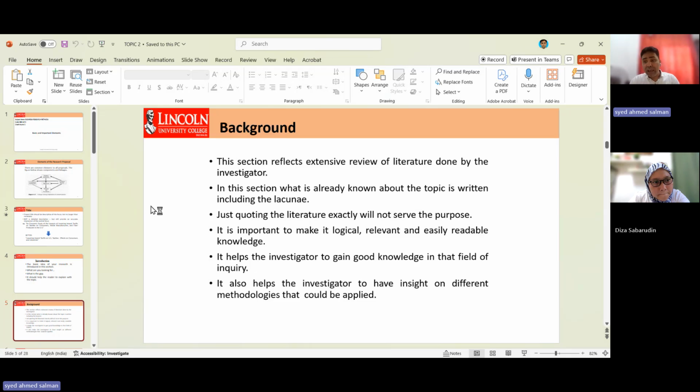Already this topic has been researched in the following countries, but there is no study when it comes to Selangor state in Malaysia.